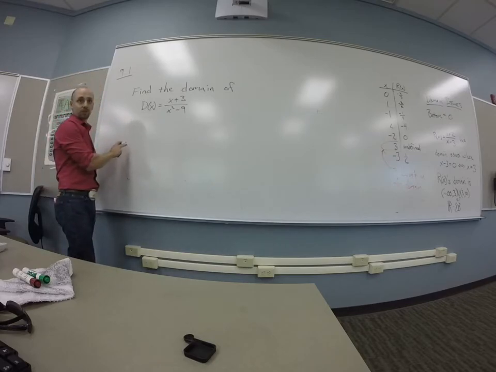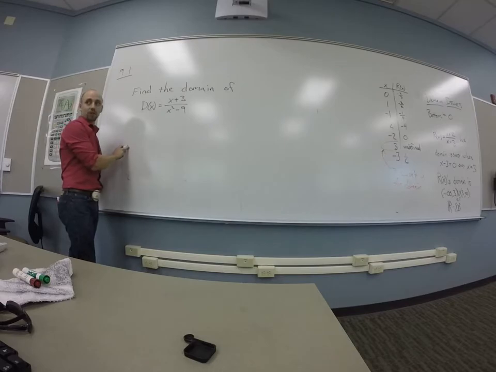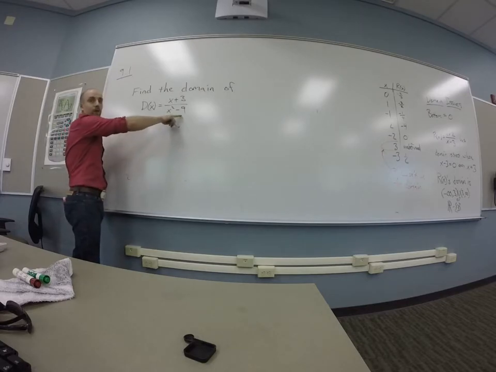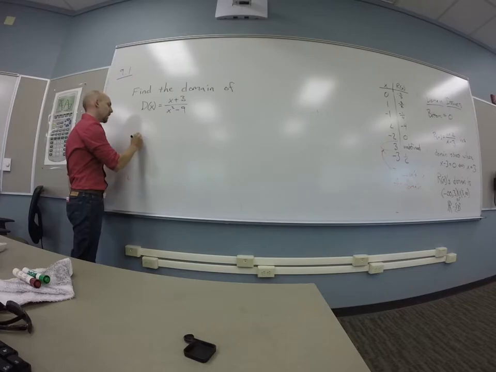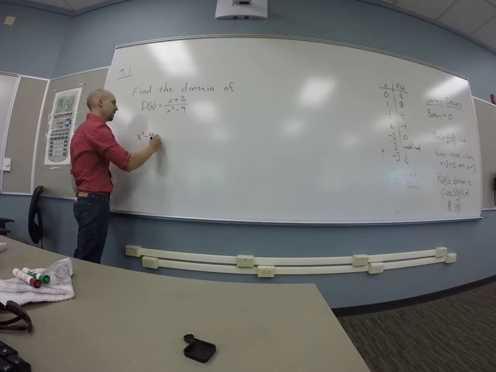Okay, so in the interest of time, what did you guys start with? Find what would equal 0. Yeah, you should find out when the bottom's 0, right? So you should set x squared minus 9 equal to 0.